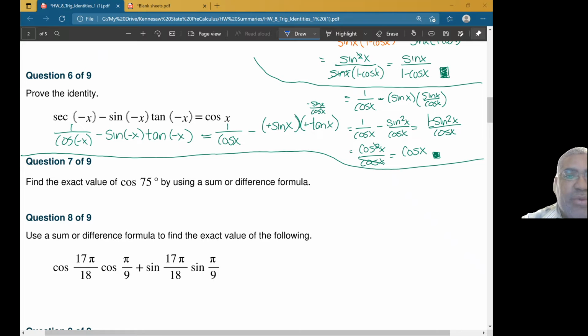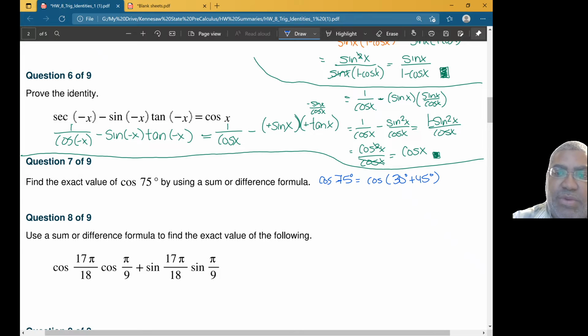Within a unit circle, you can use any of those numbers that add or subtract to 75. I'm going to show you one of the easiest ones. Cosine of 75 is equal to cosine of 30 degrees plus 45 degrees.